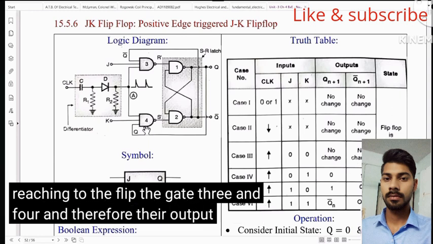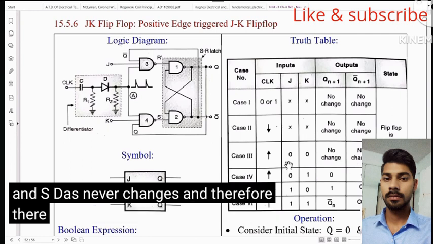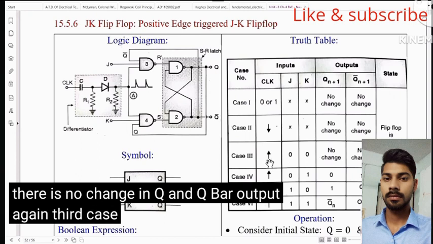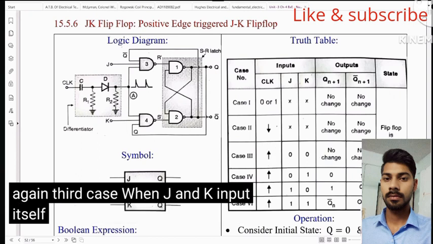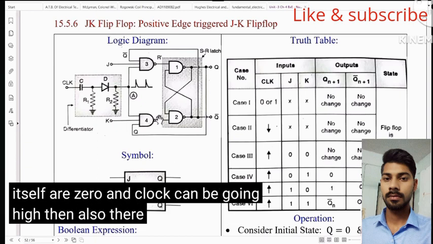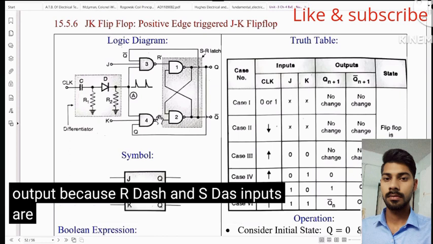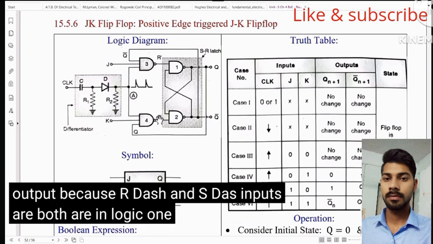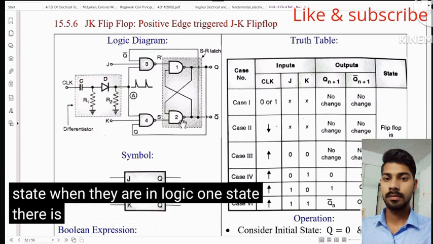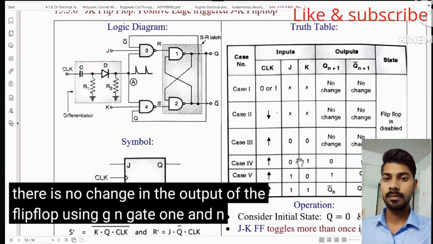Therefore, their outputs R dash and S dash never change, and there is no change in Q and Q bar output again. Third case: when the J and K inputs are 0 and the clock goes high, there is also no change in the output because R dash and S dash inputs are both in logic 1 state. When they are in logic 1 state, there is no change in the output of the flip-flop using NAND gate 1 and NAND gate 2.